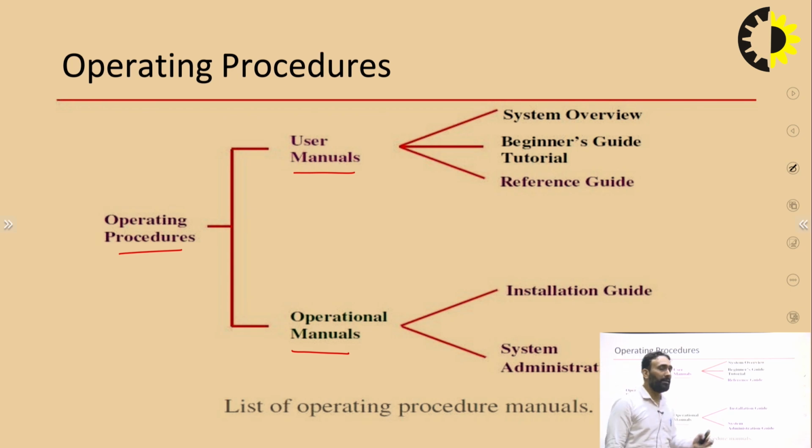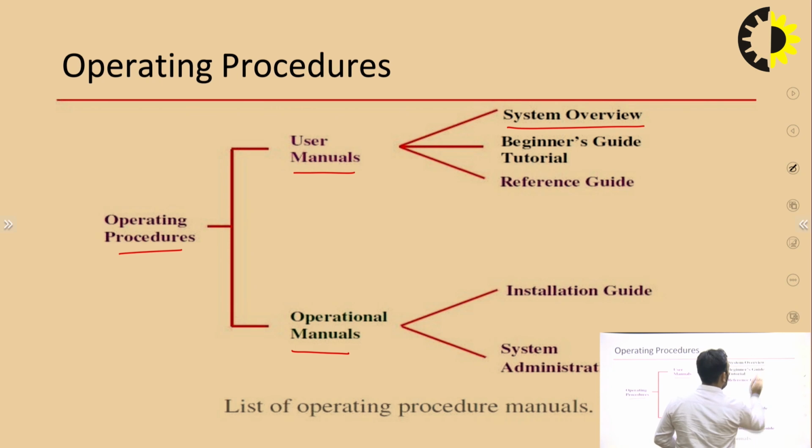User manual helps the user understand what the product exactly is. He will get the overview of the product or software. It also consists of a beginner's guide or tutorial.